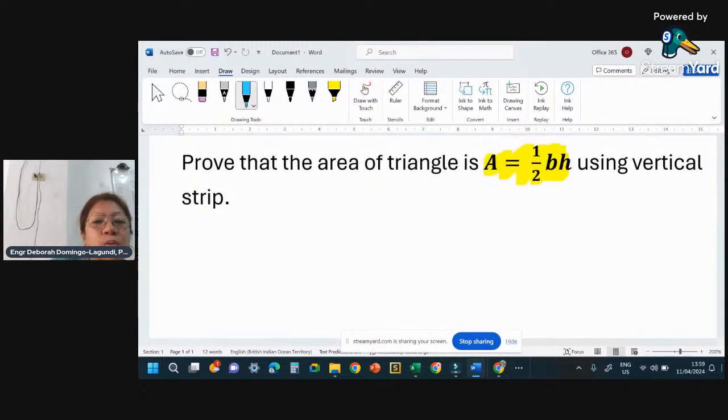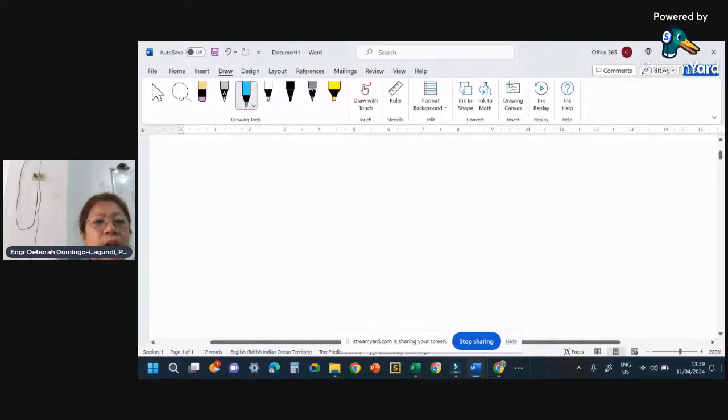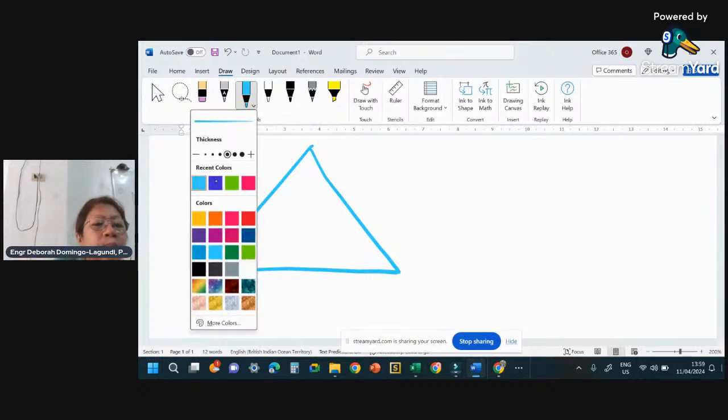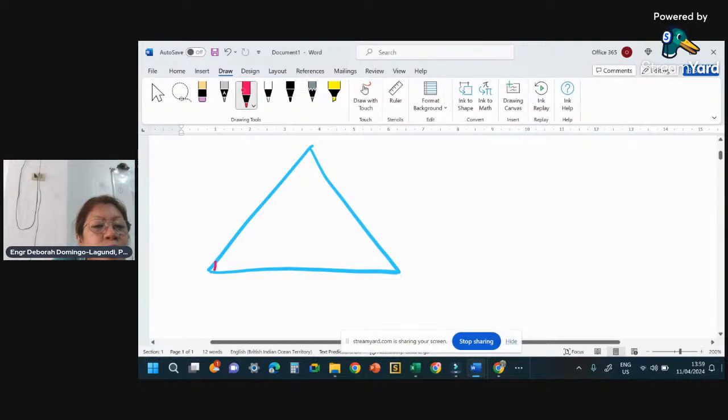So let's draw a triangle, and we're going to draw some vertical strips inside the triangle.